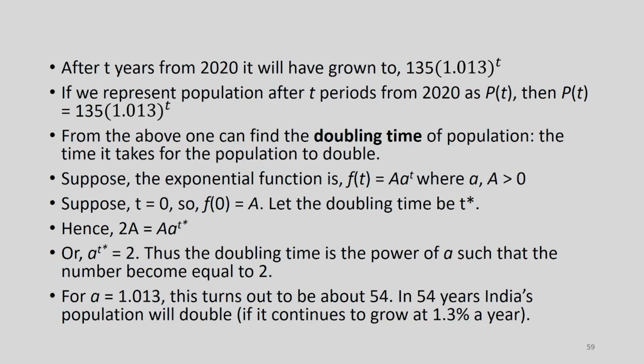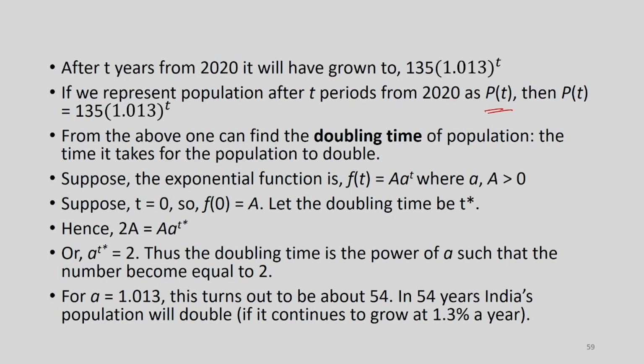So, that was the general form: capital A multiplied by small a to the power t. Here small a is equal to 1.013. If we represent population after t periods from 2020 as Pt, therefore, Pt will be the same thing, which is 135 multiplied by 1.013 to the power t.